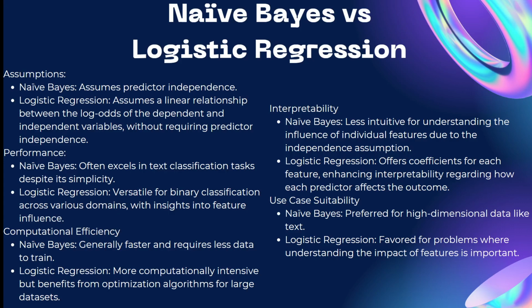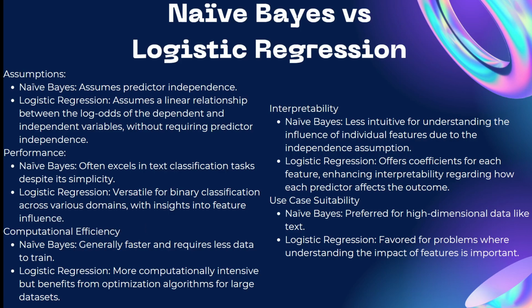For performance, Naive Bayes excels in text classification tasks despite its simplicity. It's a robust algorithm, and logistic regression is versatile for binary classification across various domains, with insight into feature influence. When we look at computational efficiency, Naive Bayes is more efficient since it's generally faster and requires less data to train.